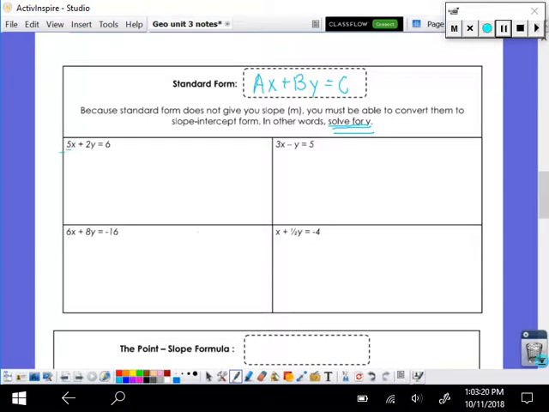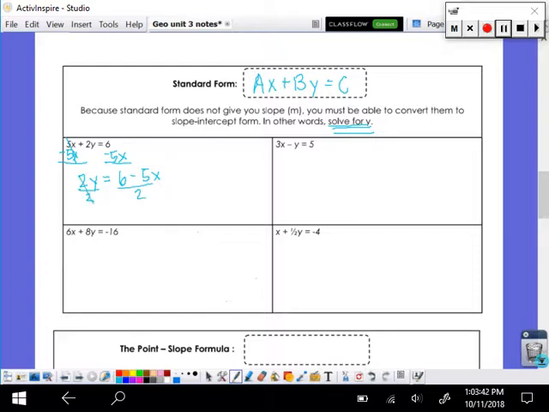Solving for y. First step, minus 5x on both sides. 2y equals, we cannot combine the 6 and the 5 because the 6 does not have a variable, the 5 does. So we will have 2y equals 6 minus 5x. Last step, getting the y by itself, we're going to divide by 2.